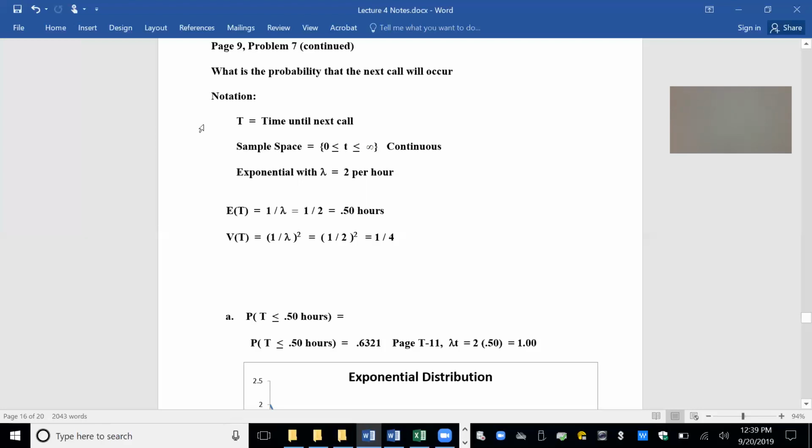So as soon as the problem says something occurs randomly over time, then it's either Poisson or exponential. If we count, Poisson. If we measure the time, it's exponential. So the notation, t, is the time until the next call.